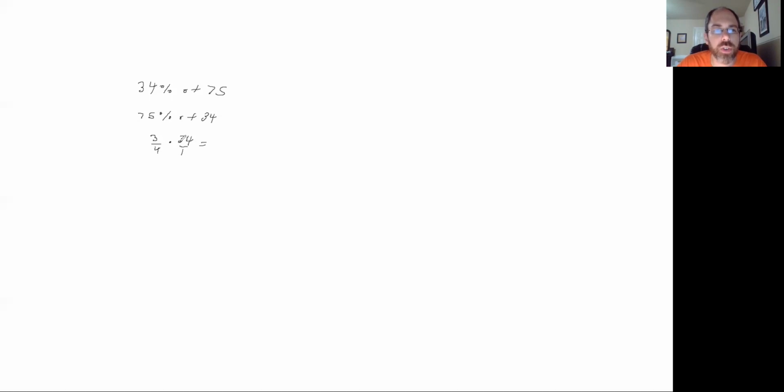I can cross cancel some of these because both of these are divisible by 2. 34 divided by 2 is going to be 17. So I really have 3 over 2 times 17. Let's break this down into 2 pieces. What's 3 times 17? Well, 3 times 10 is 30. 3 times 7 is 21. 21 plus 30 is 51. 2 times 1 is 2.